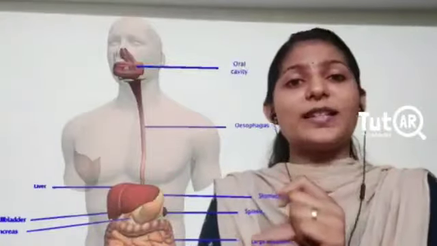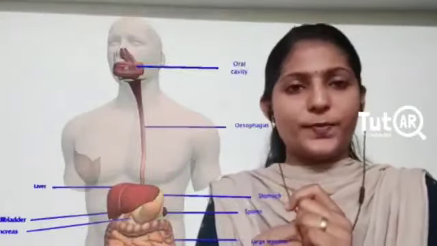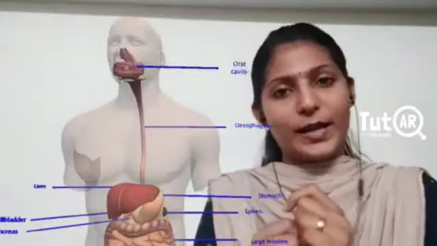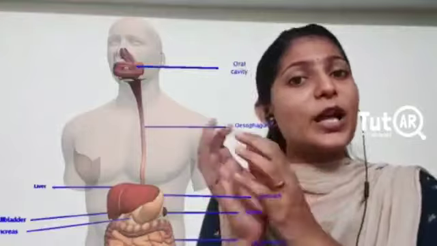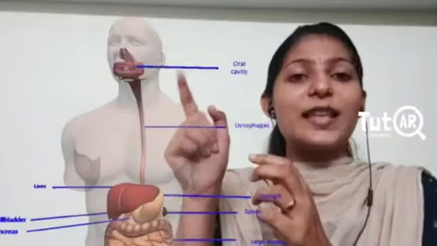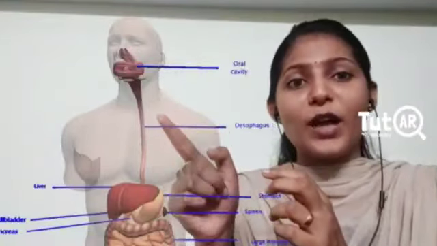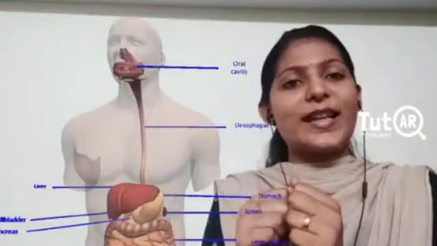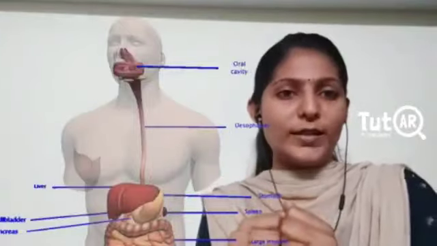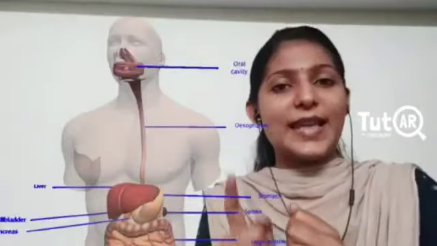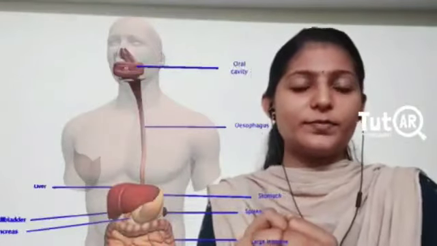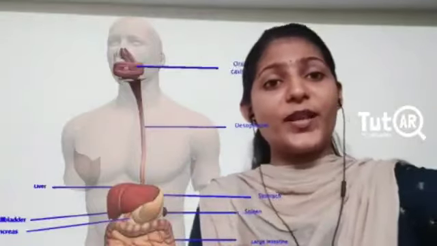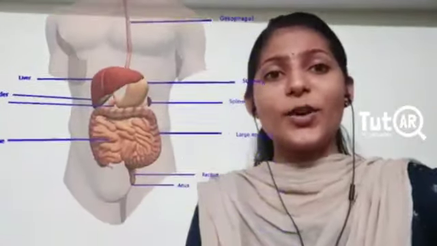The esophagus is just a tubular structure, otherwise known as the food pipe. It has muscular movement which allows the semi-solid material to move down to the stomach. This movement is called the peristaltic movement. I repeat, peristaltic movement. Now the bolus, or the semi-solid food, has reached the part called the stomach.